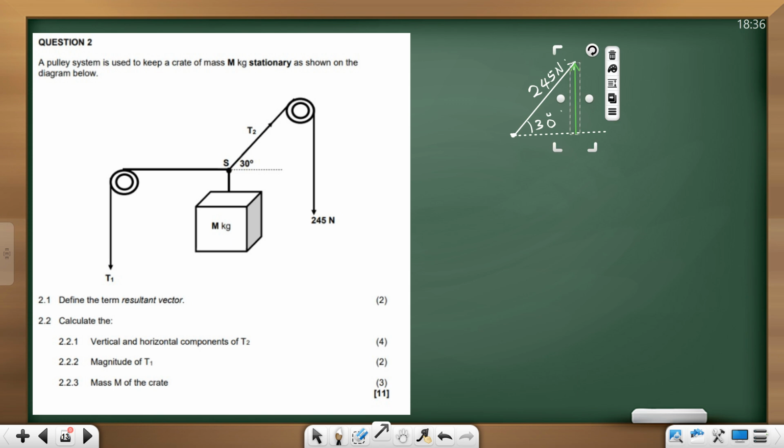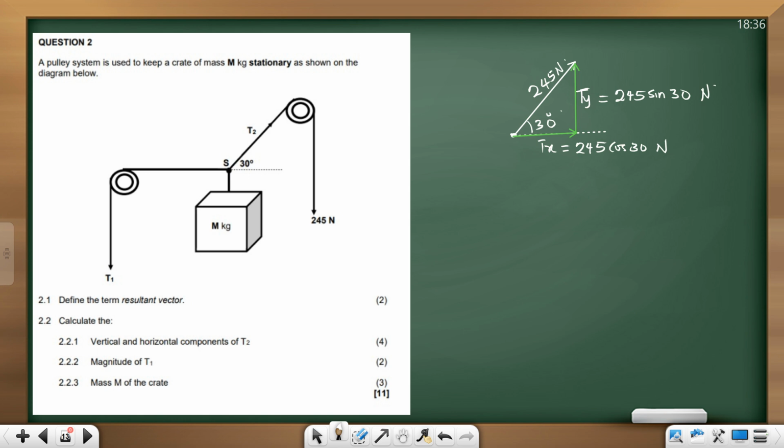Vertical will be there, and horizontal will be there. This is Ty, and this is Tx. The one opposite, we use what? Sine. So 245 sine 30, and this is 245 cos 30 newtons. Just give the final answer there.